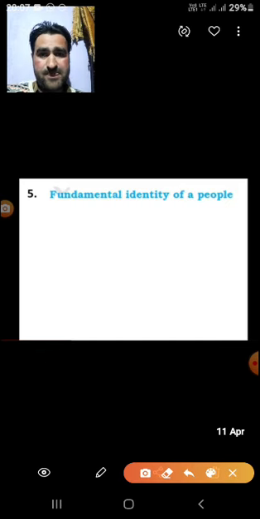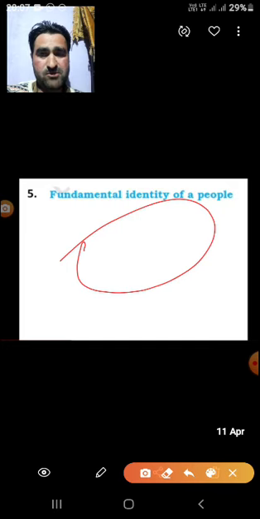The fifth function of a constitution would be fundamental identity of the people. So the constitution itself decides who is the citizen and who is not the citizen. Like you see in the constitution of India, between article 5 and article 11, in the second part, citizenship is entirely described.